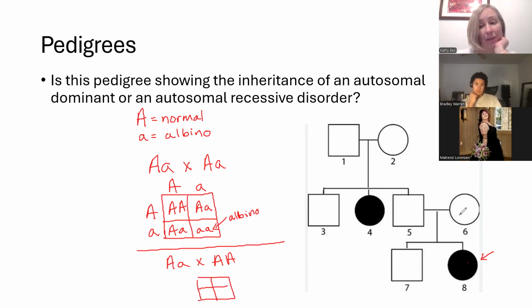So we know that these parents both have to be carriers in order to have an albino child, because if one of them was homozygous dominant, there's no way that they could have an albino child. Okay. All right, good.